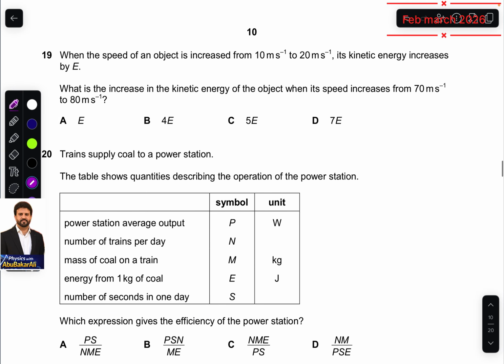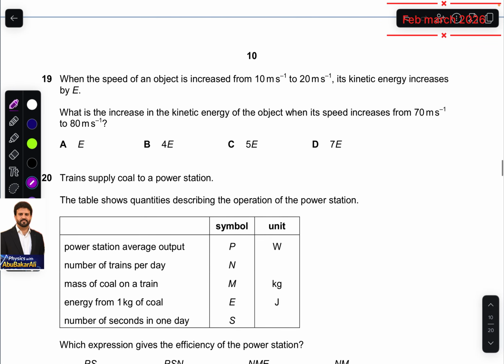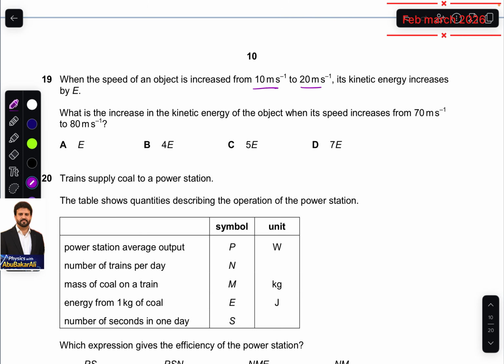Moving forward, question 19. When the speed of an object is increased from 10 meters per second to 20 meters per second, its kinetic energy increases by E. What is the increase in kinetic energy of the object when the speed increases from 70 to 80? You have to tell the increase. So we can use the ratio and proportion method.